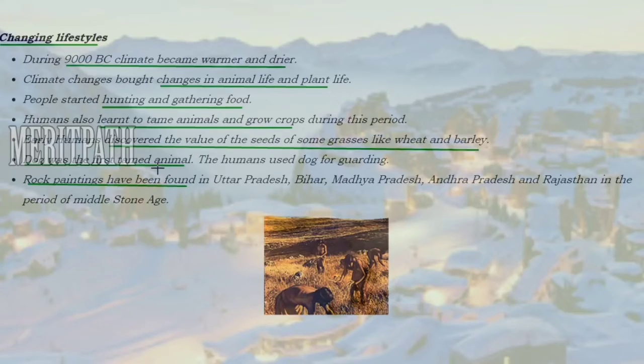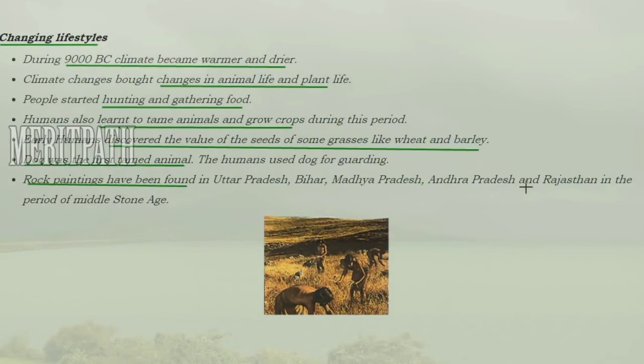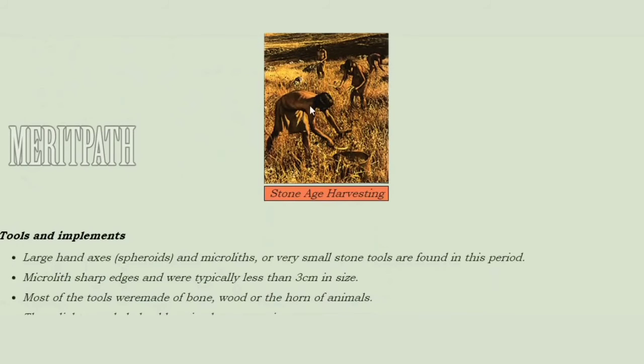They understood the value of seeds and some grasses like wheat and barley. The dog was the first tamed animal. Rock paintings are to date found in Uttar Pradesh, Bihar, Madhya Pradesh, Andhra Pradesh and Rajasthan, which belong to the Middle Stone Age. In this Middle Stone Age agriculture started, and this is an image of Stone Age harvesting.